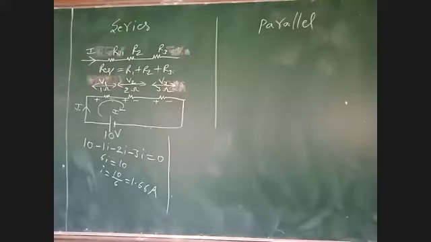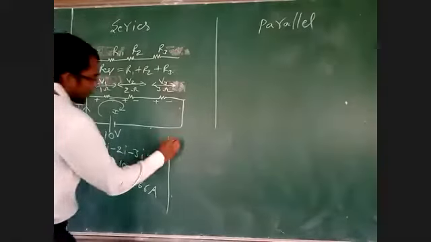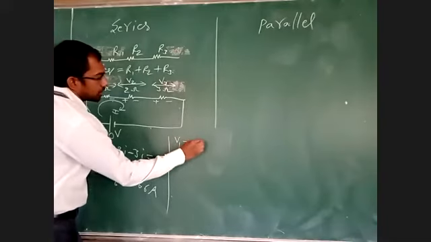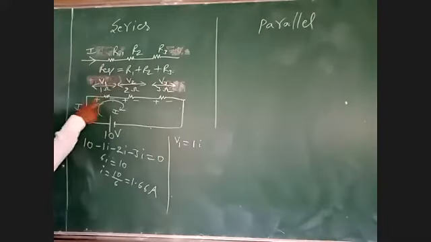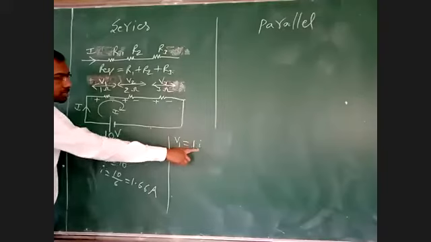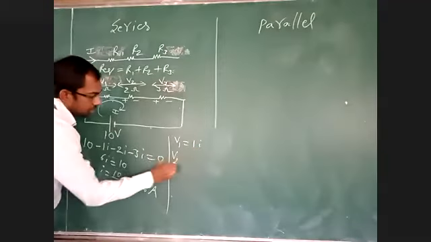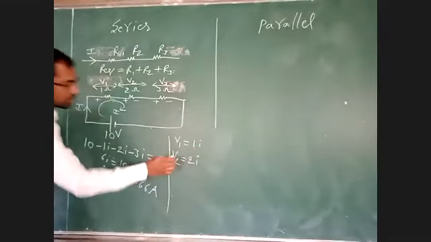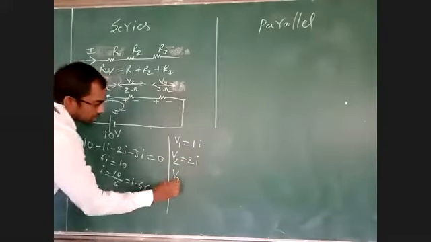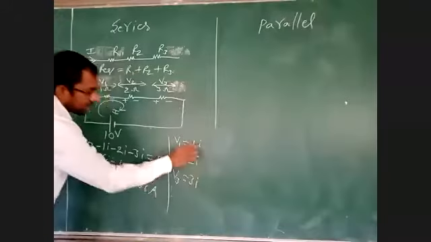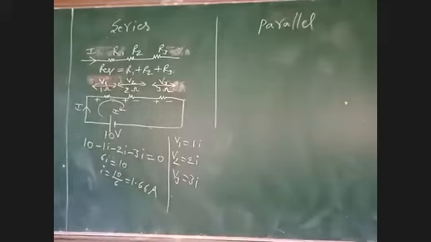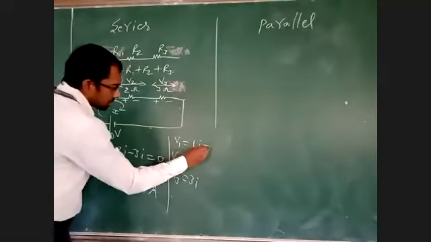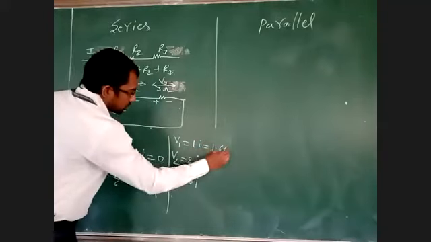Now see, V1 is equal to 1 into I. Voltage is equal to resistance multiplied by current. V2 is equal to 2 into I. V3 is equal to 3 into I. Current is the same in all the resistances, but voltages are different. That is, 1 into I is 1.66 volts.